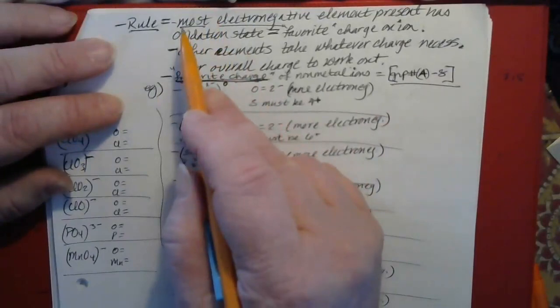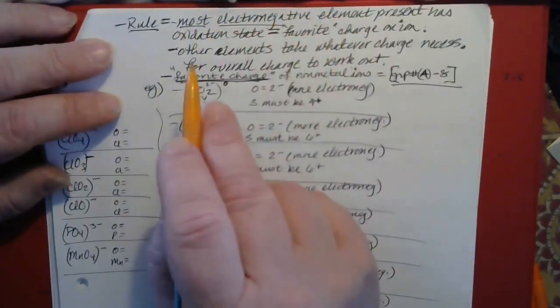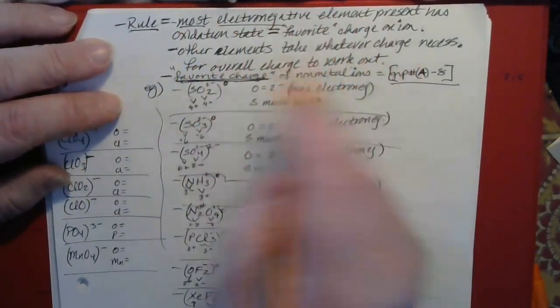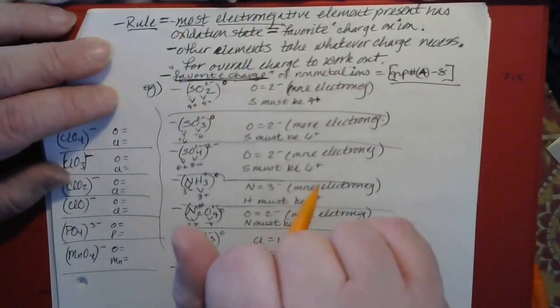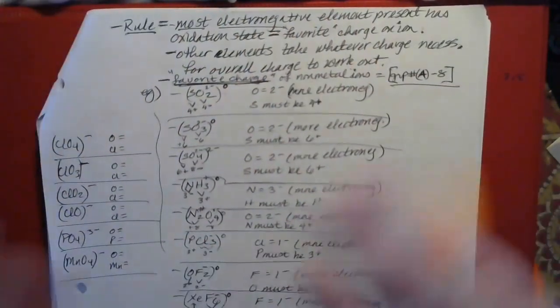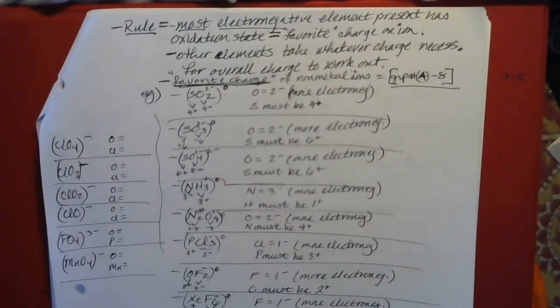Okay, but that only goes for the most electronegative element in a compound. The other elements take whatever charges they need to in order for the overall charge to work out. And again, if it's a molecule, then by definition, the overall charge would be 0. If it's a polyatomic ion, then the overall charge would be whatever the charge on the polyatomic ion is.